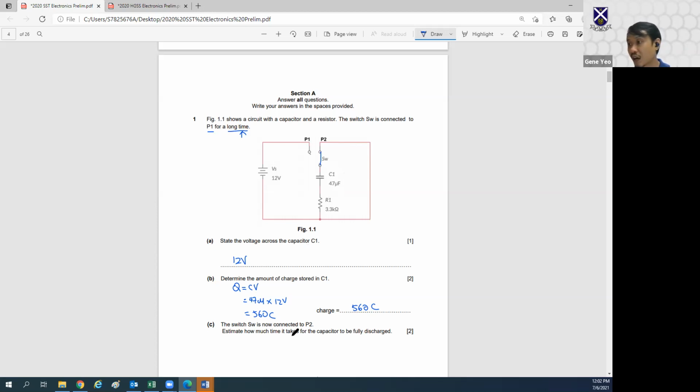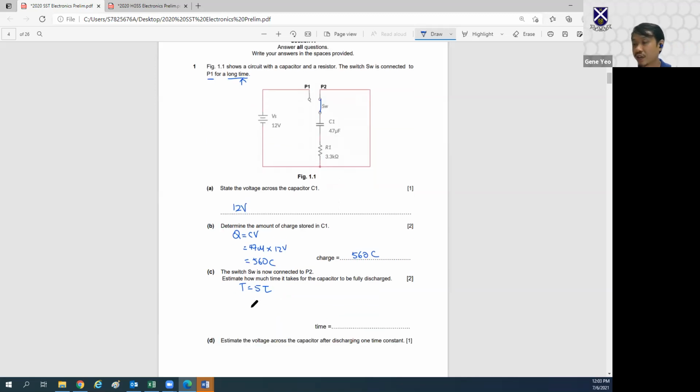How long does it take for the capacitor to be fully discharged? To be fully discharged, the time is equivalent to 5 tau. And you know that 1 tau is equivalent to RC.